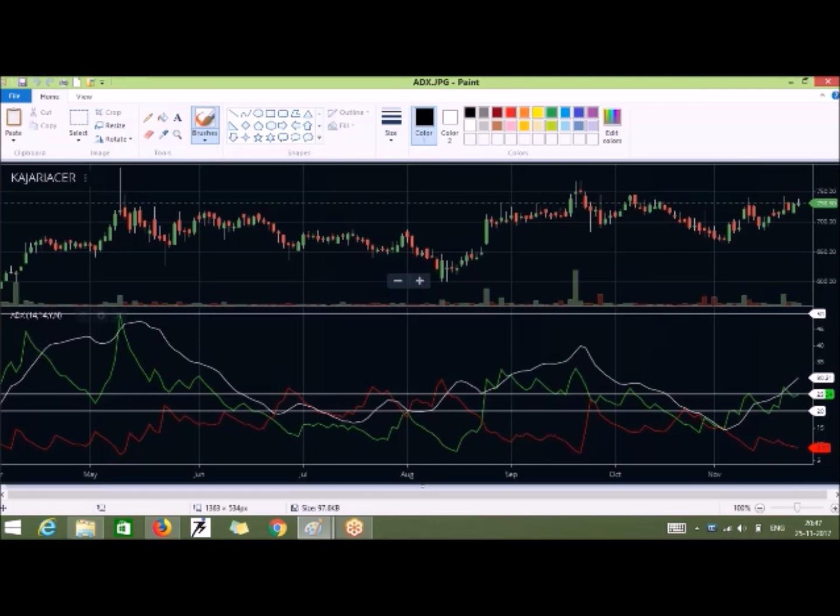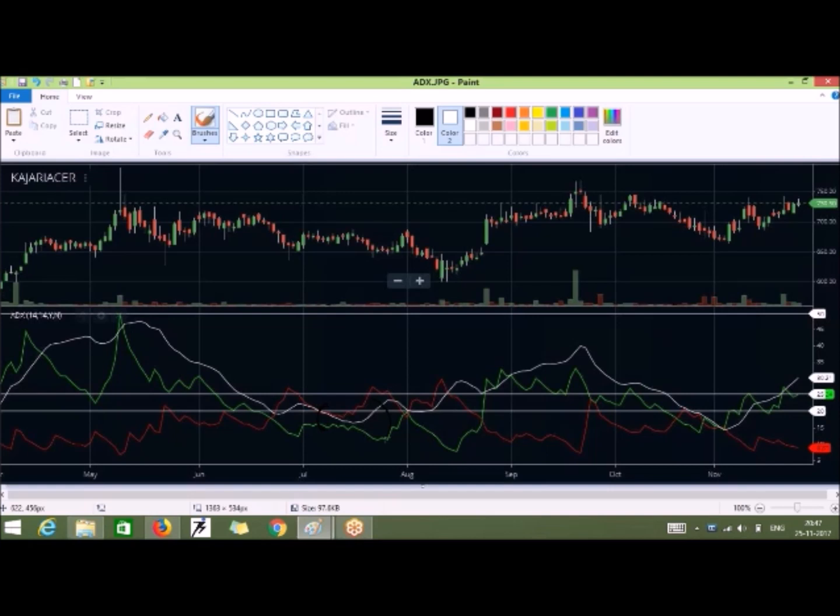The first one which I have already mentioned is ADX below 20 indicates absence of trend. Please focus on this area where ADX was traveling below this line.